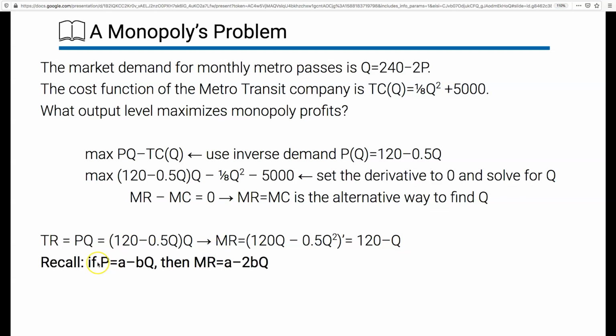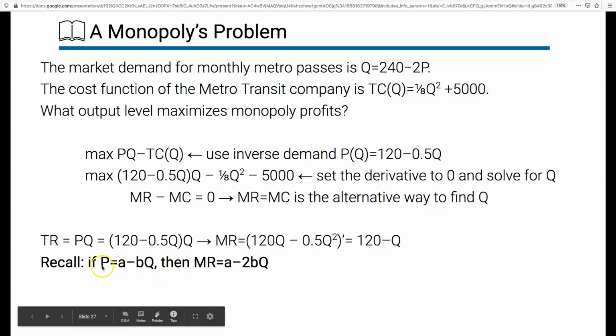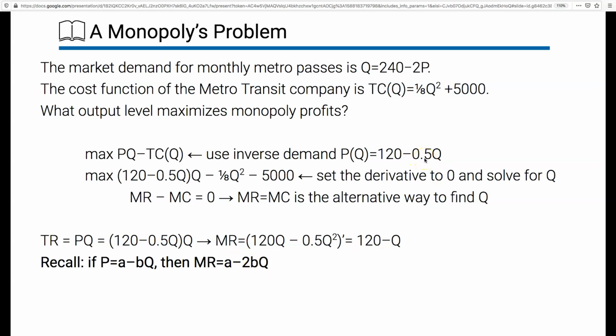And so the rule that I want you to recall is that for a linear inverse demand, the marginal revenue can be obtained by doubling the coefficient in front of the quantity term. So negative 0.5 becomes negative 1 in the marginal revenue.